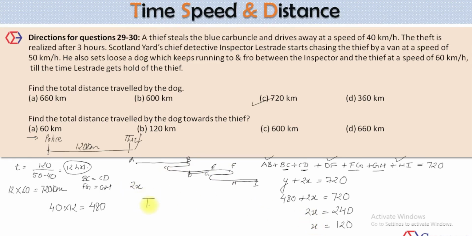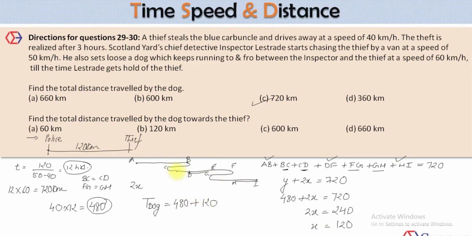So the total distance traveled by the dog towards the thief will be AB, then DF, HI, which was already equal to how much? 480. So this is 480 plus he also traveled CD plus GH towards the thief.